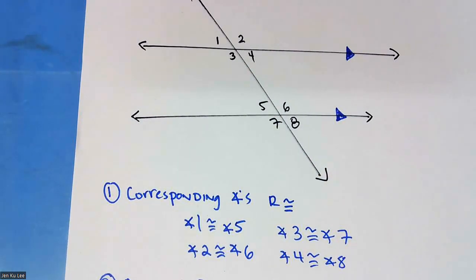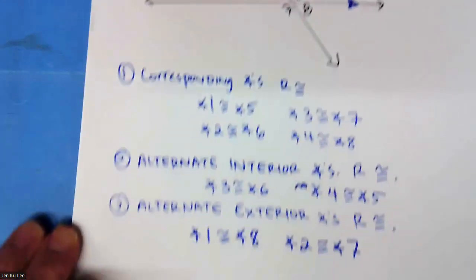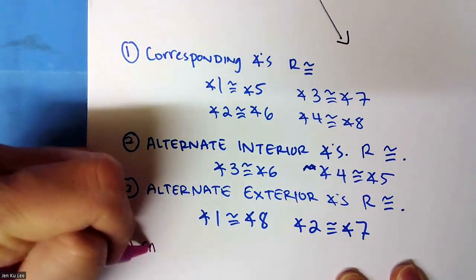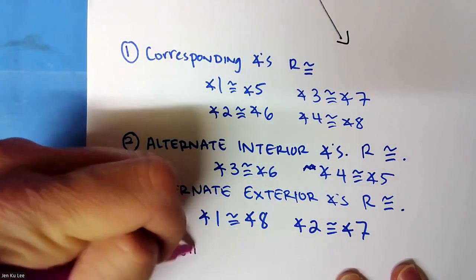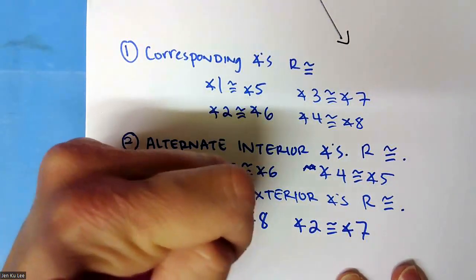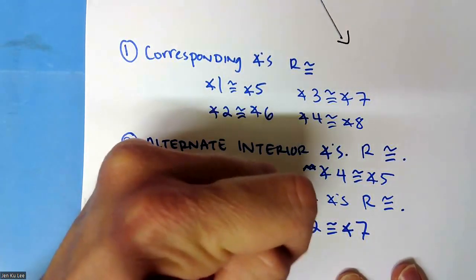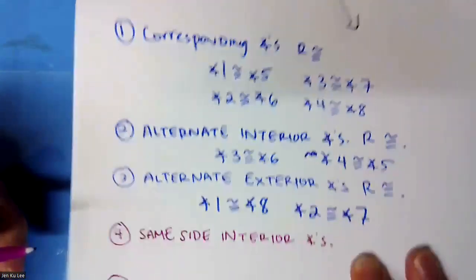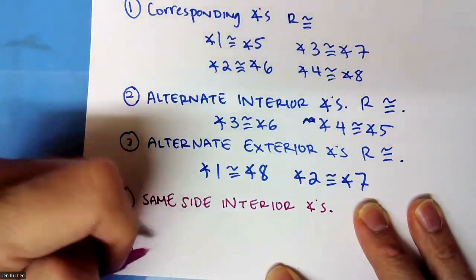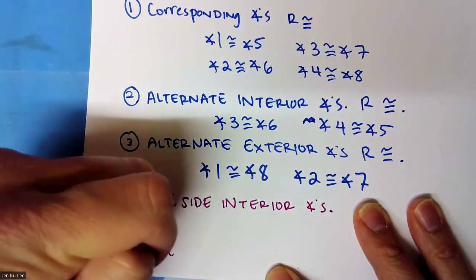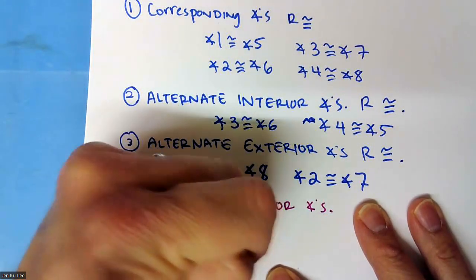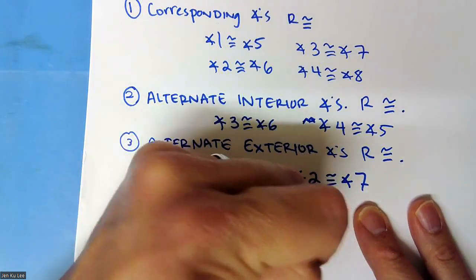Okay, the next two are same side interior angles. And then while I'm here, I'm just going to put number 5 as well. Number 5 is also same side exterior angles.